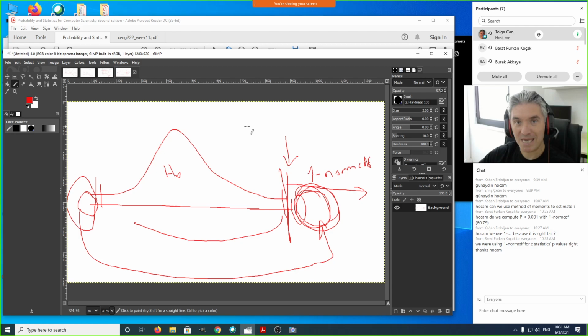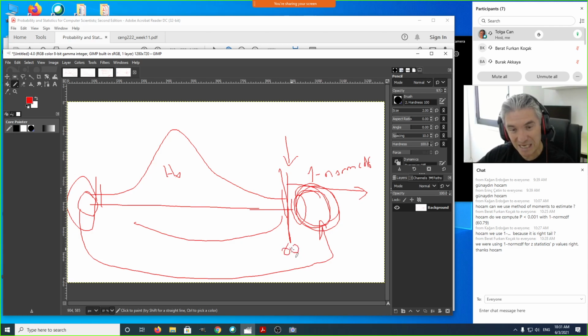Here, our sample being more extreme in the chi-squared statistic means that they are really dependent on each other, very far away from independence. It means this chi-square statistic is really a large number.